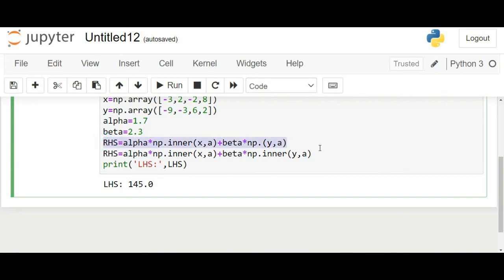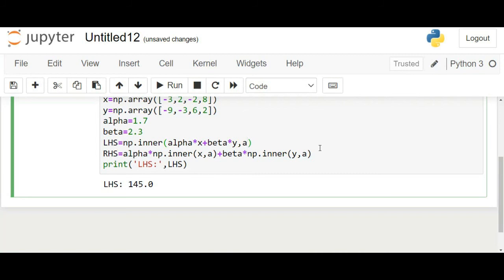If I write again the left hand side, which is equal to np.inner, inside the parenthesis we shall write alpha multiplied by x plus beta multiplied by y, comma a.